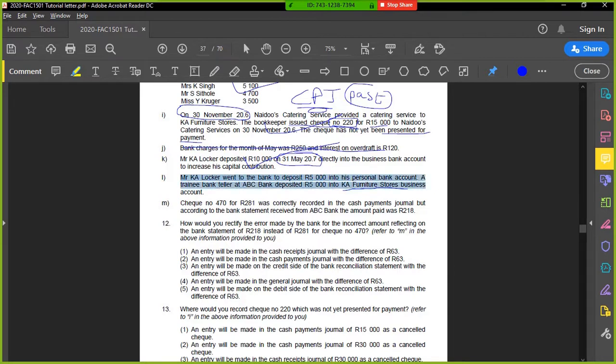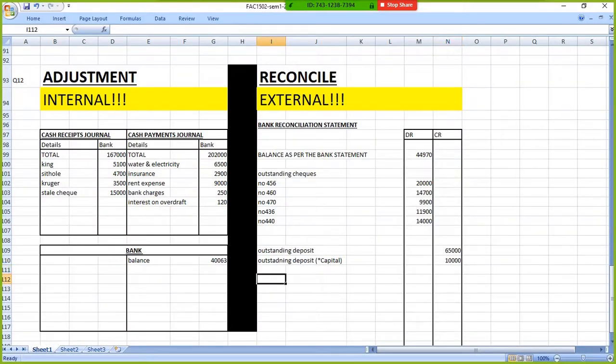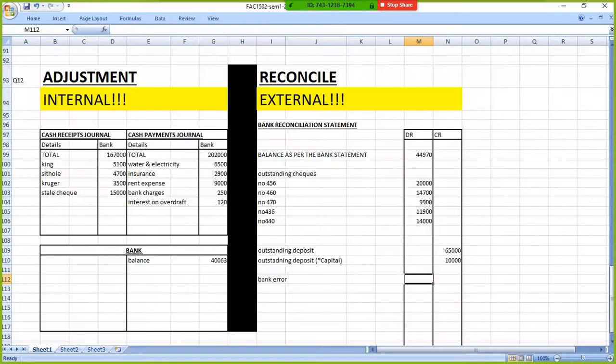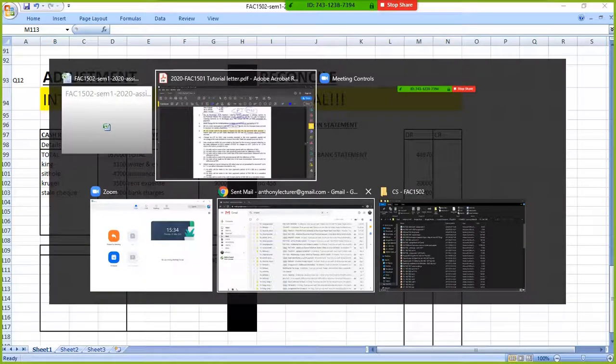He was supposed to deposit money into his own account, but it went into the business's account. It's an error. Who's going to fix the error? The bank. They're going to take that money out of the business account and give it to the owner, 5,000. The bank account is overstated.